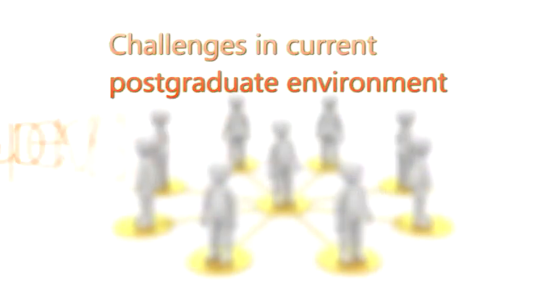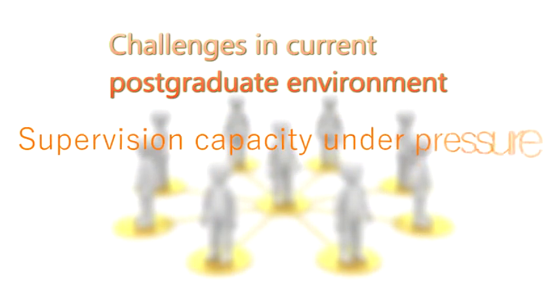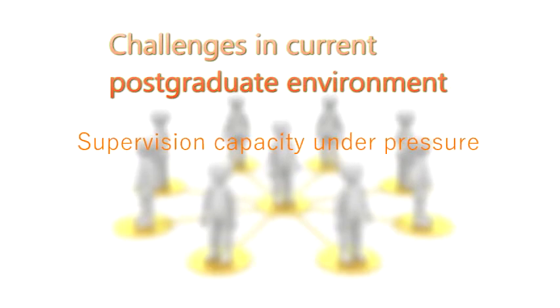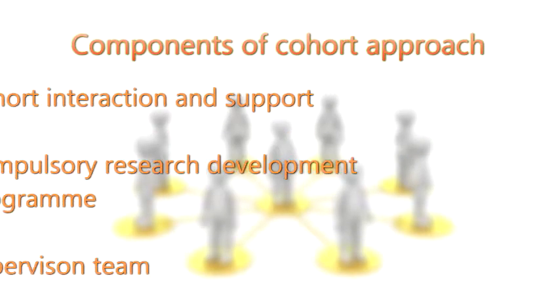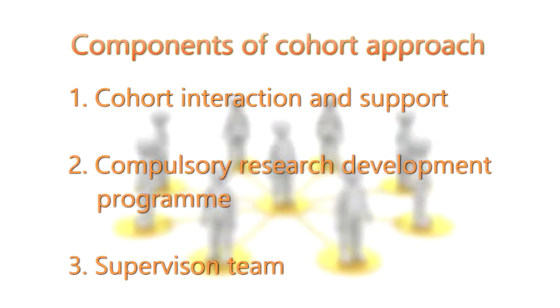Furthermore, we know that many supervisors who take on PhD and master students lack the necessary experience and expertise to supervise at that level. There are three components of cohort supervision that I will focus on.